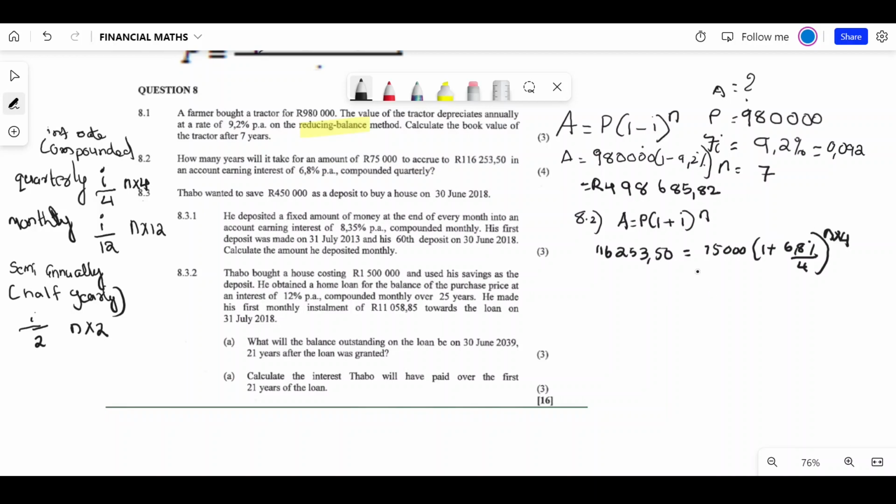So how do we get there? So first step is you have to remove everything one by one. So first we are removing 75,000 here by dividing by 75,000 on both sides.